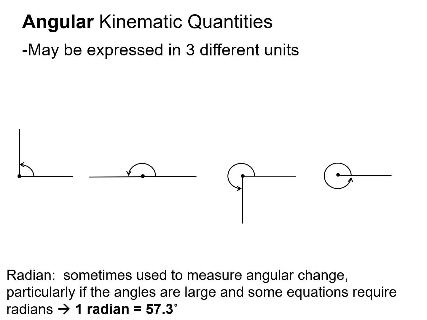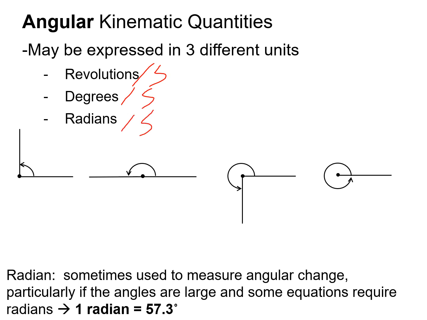So we can express our angular kinematics in three different ways. We can talk about revolutions. For speed or velocity, we're looking at revolutions per second, degrees per second, or radians per second. It's a helpful conversion to know that 1 radian is 57.3 degrees. We use radians instead of degrees a lot of times, or we'll convert degrees to radians if we are trying to convert rotational motion to linear motion.